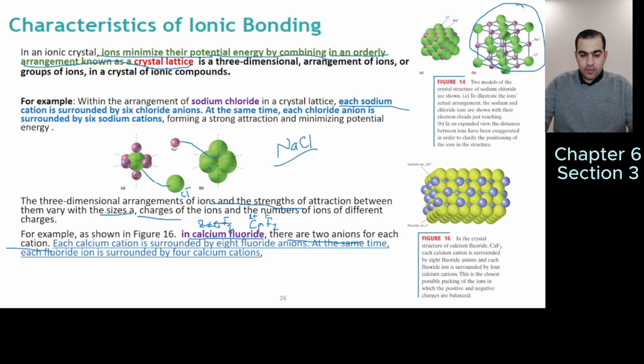But how is the arrangement? It says each calcium cation is surrounded by 8 fluoride anions. At the same time, each fluoride ion is surrounded by 4 calcium cations. Each calcium is surrounded by 8 fluoride anions, and each fluoride anion is surrounded by 4 calcium cations.